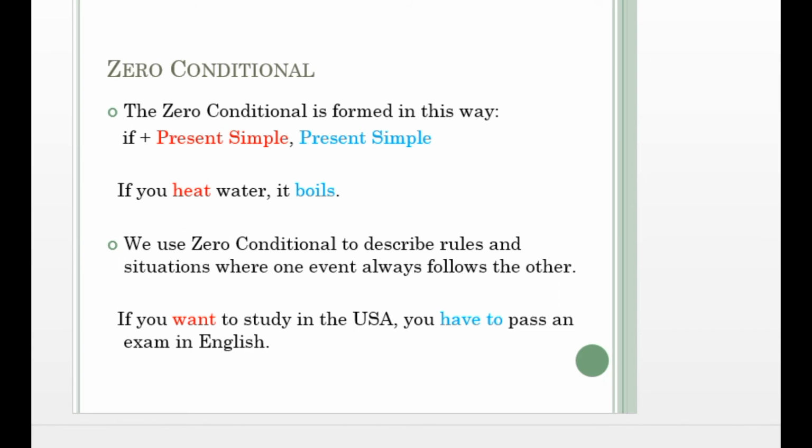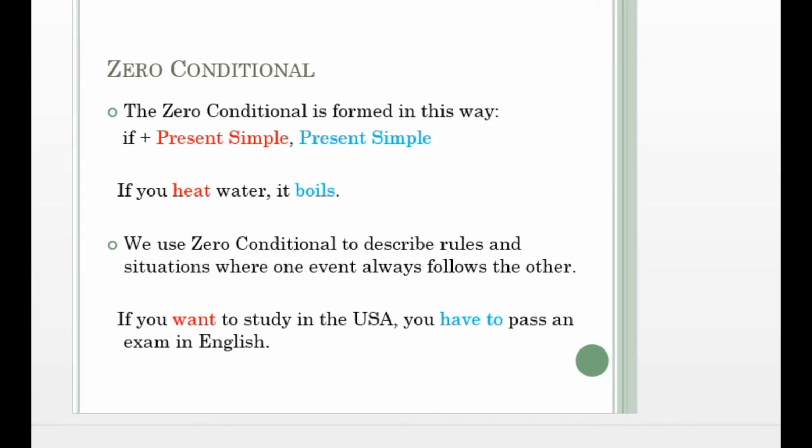So, when we use the zero conditional, we describe rules and situations where one event always follows the other, so they are related to each other, right? Another example. If you want to study in the USA, you have to pass an exam in English. If you want, if plus the present simple, you have to.